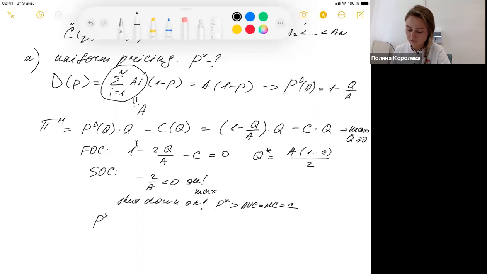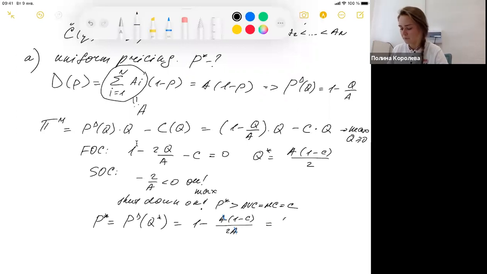Let's find this equilibrium price. Put the equilibrium quantity into inverse demand. This will be 1 minus A(1 minus C) over 2A. Delete the A's, and this will be equal to (2 minus 1 plus C) over 2, that is, (1 plus C) over 2.